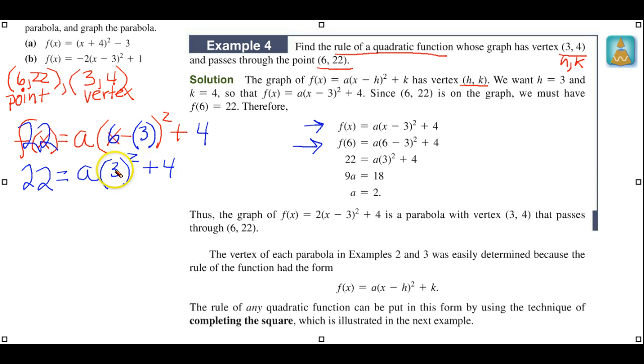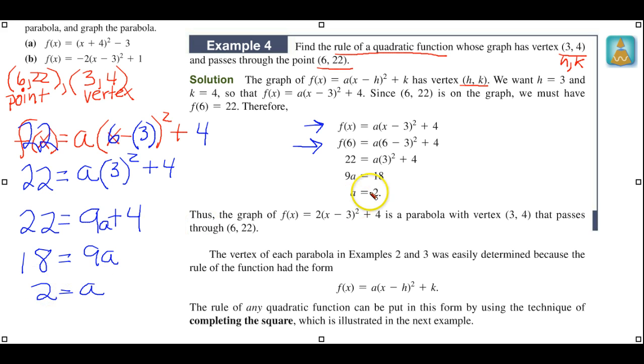So we're going to square this now, get a 9. So this is 22 equals 9a plus 4. I should put the a there. And we're going to bring our 4 over to the other side. That gives us an 18. And we get 9a now equals 18. Divide both sides by 9. We get a equals 2.